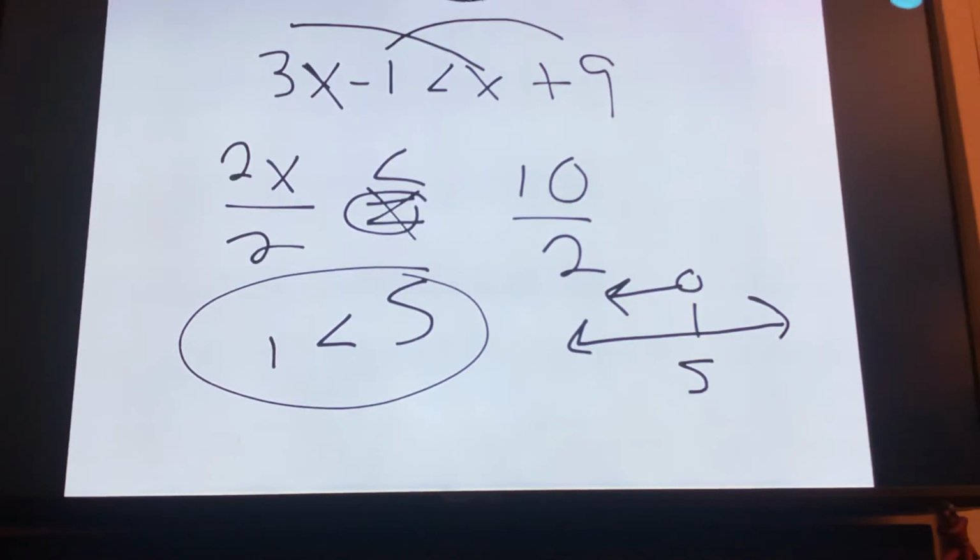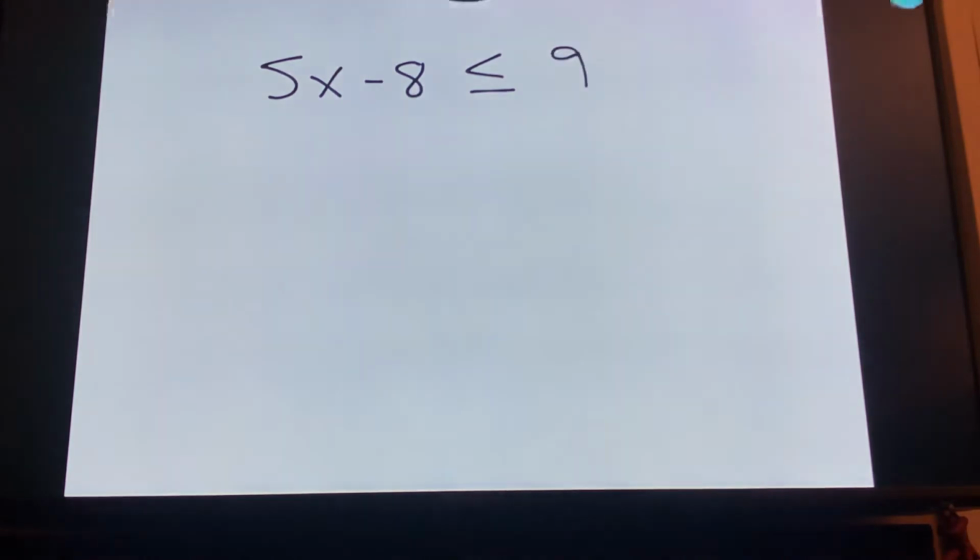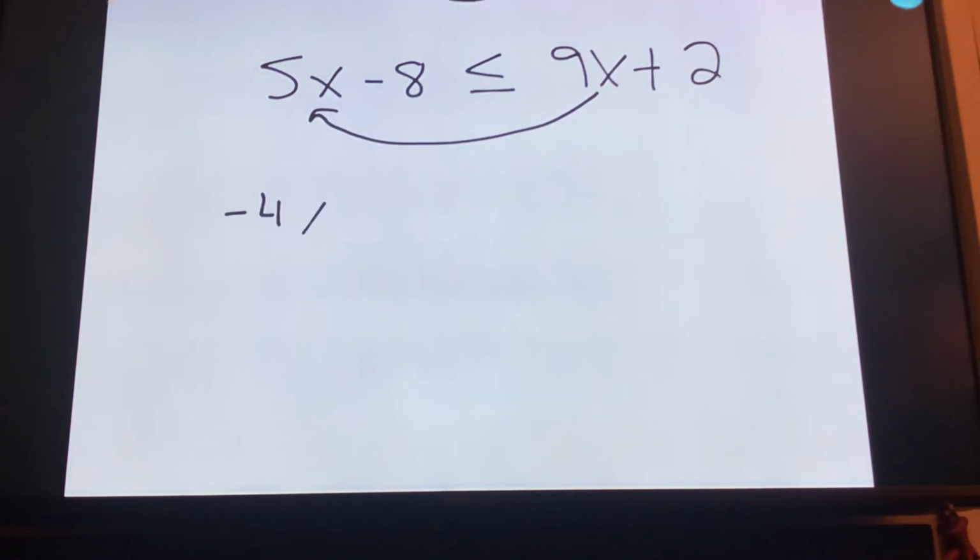And, friends, we come to our last example, if you will. This says we have 5x minus 8 is less than or equal to 9x plus 2. Let's go ahead and move this guy over. That gives us a negative 4x less than or equal to, and if we move this over, that gives us a positive 10.